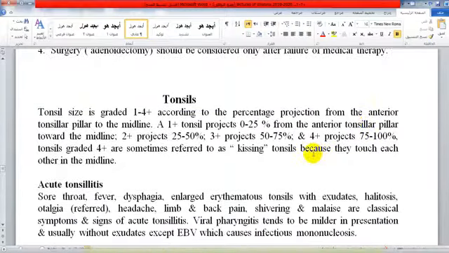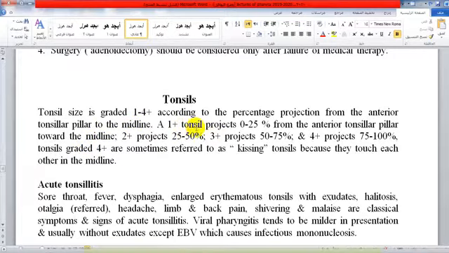Now we go to a very common subject also, which is the tonsils. The tonsil size is graded from 1 to 4. Sometimes they add 0, but here from 1 to 4, according to the percentage projection from the anterior tonsillar pillar to the midline.